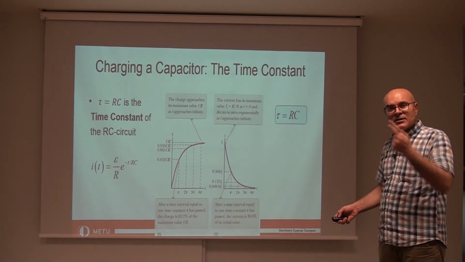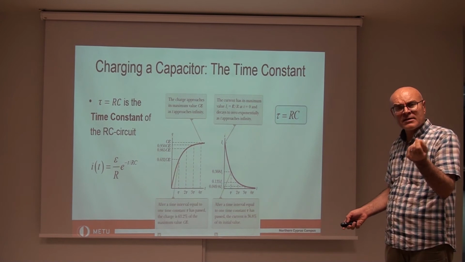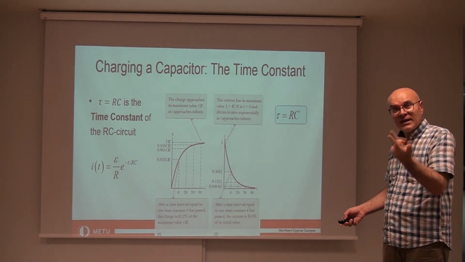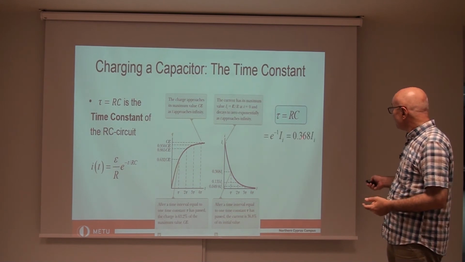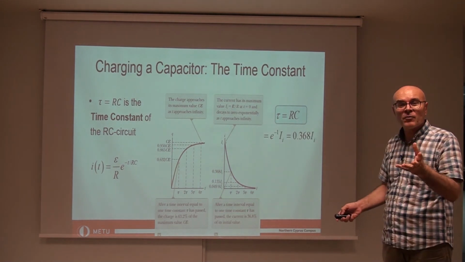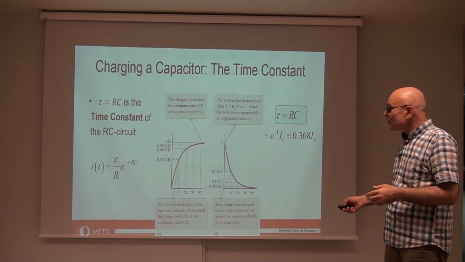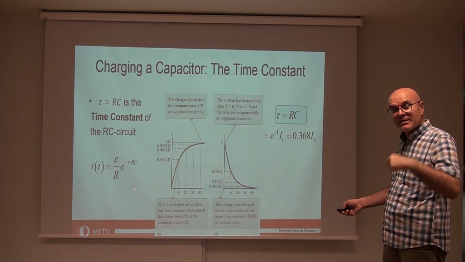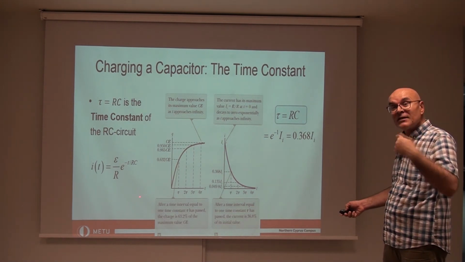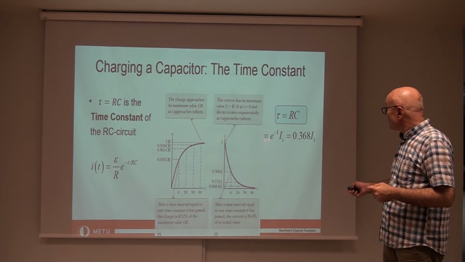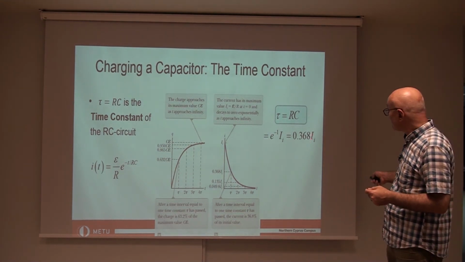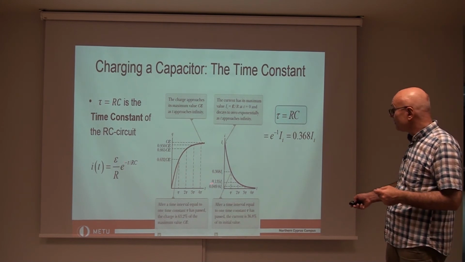E to the minus 1 is 1 over e. e is the base of the natural logarithm, 2 point something. So 1 over e is a number, and actually it is roughly 0.37. So when t is equal to 1 time constant, just after RC seconds, the current here is equal to 0.37 times the initial current. That's here.